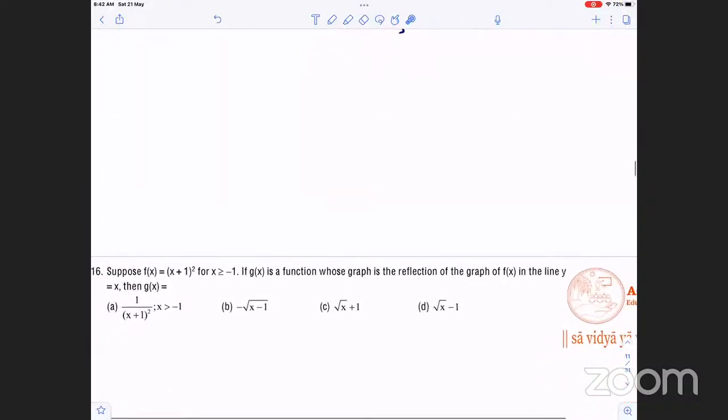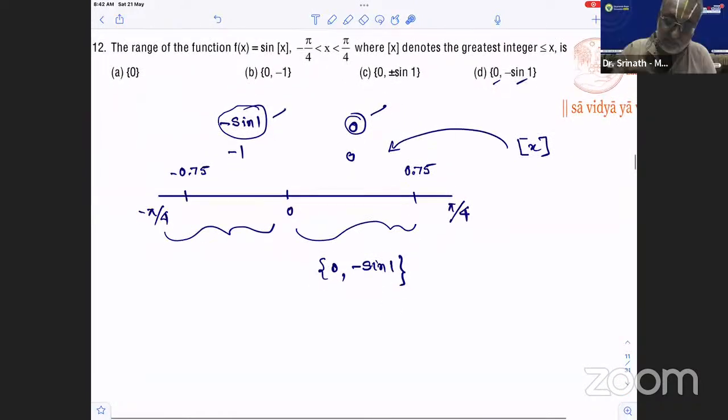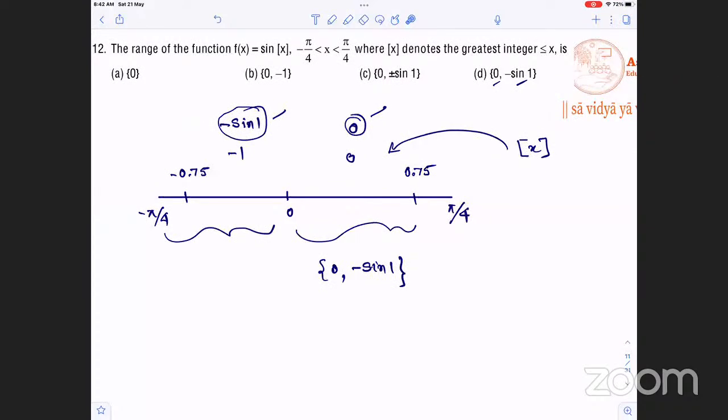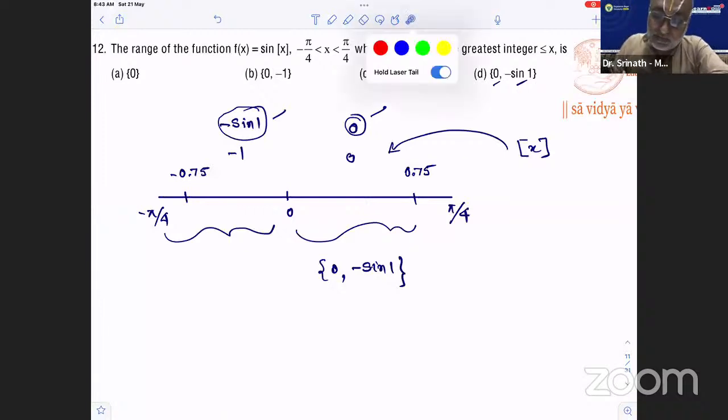Sir, there's one more from Tejasvi Surya. Her question is why they took 0.76 and 0.75 in the 12th question. Very good question. Tejasvi, just remember, I was only approximating where that pi by 4 will be. Up to 0 to 1, the greatest integer value will be 0.